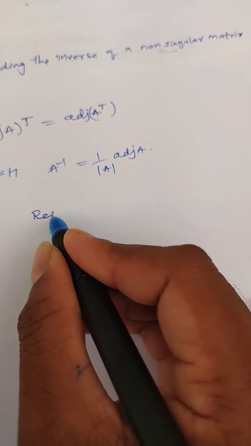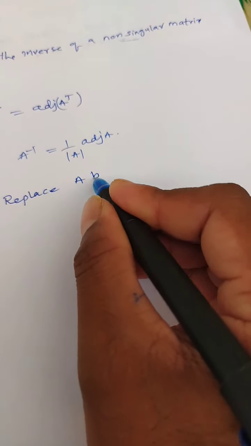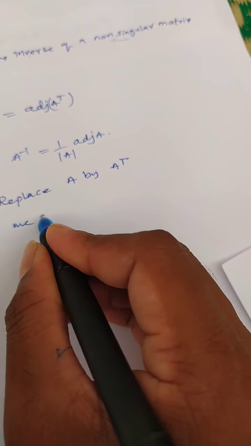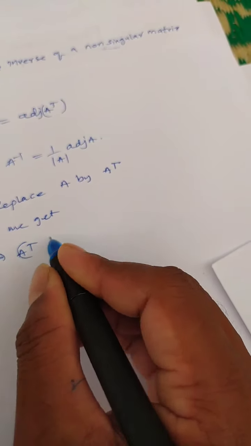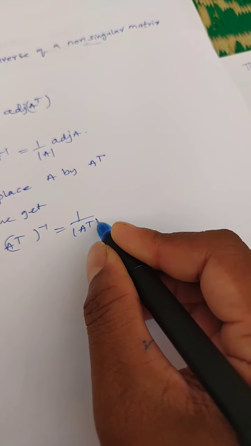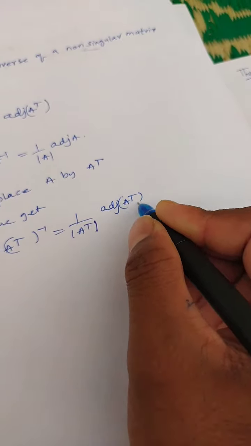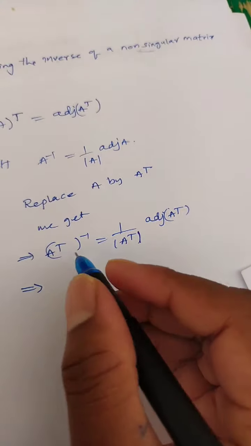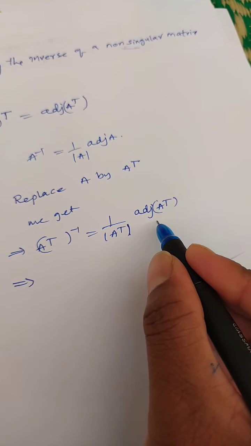Now here replace A by A transpose. We get, on the left hand side, A transpose whole inverse is equal to 1 by det A transpose into adjoint of A transpose, right?